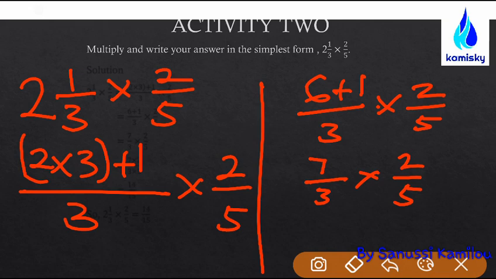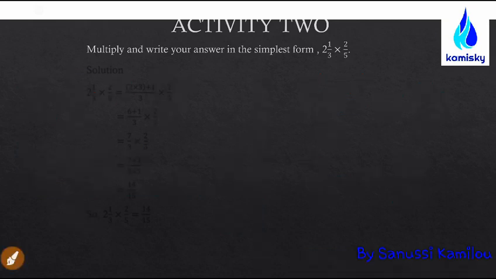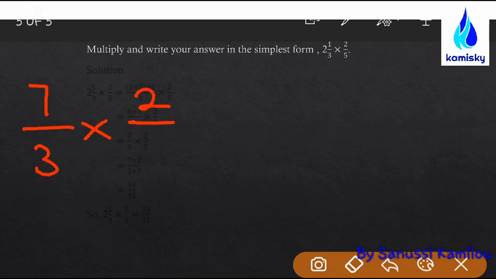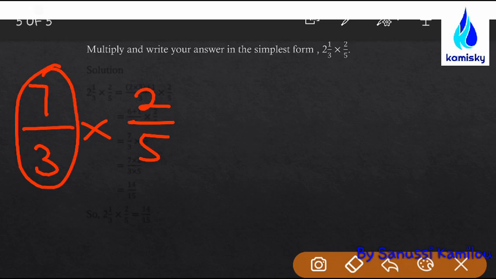What do you do next? You said we should multiply the top, which are the numerators, and then multiply the denominators also. So at the end of the day, our fraction became 7/3 times 2/5, because 2 1/3 is the same as 7/3.